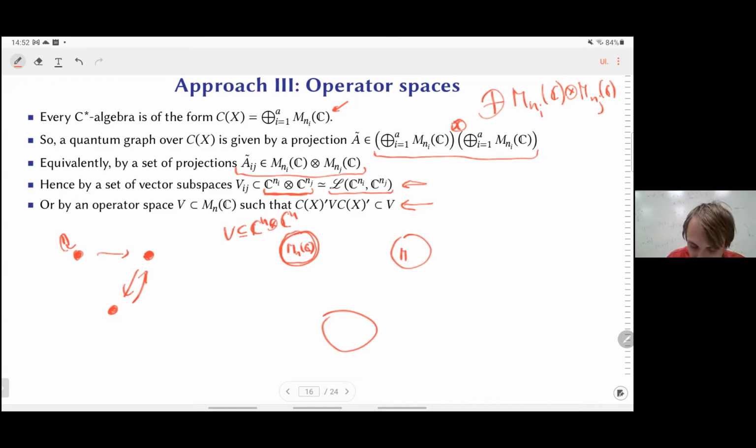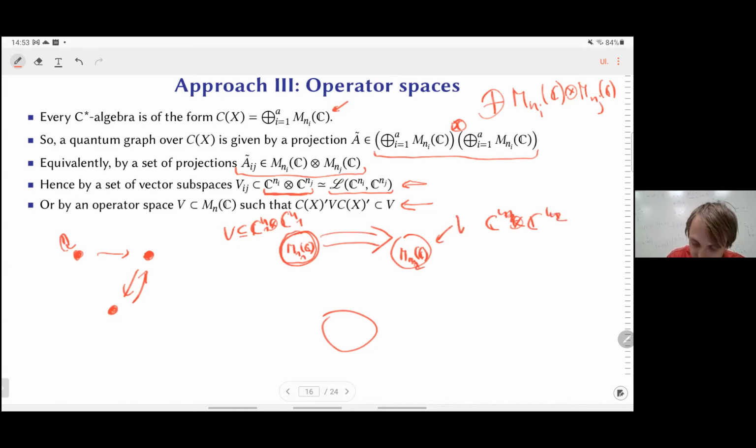And the same thing we have here, with M_m C, and here the edges inside are described by some vector subspace of C^m tensor C^m. And now instead of just one edge between vertices, you have some kind of quantum edge, described again by, maybe this can be n1, n1, n1, like this, n2, n2, n2.